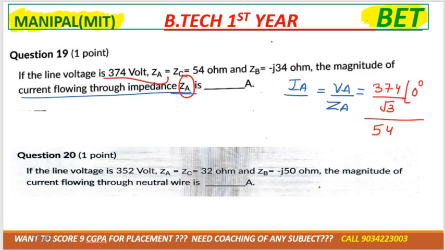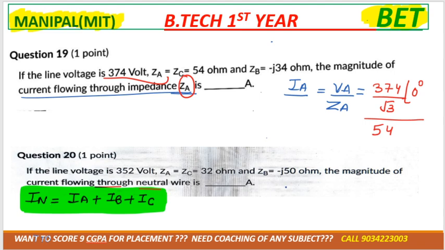Similarly, they are asking for the magnitude of the current flowing through the neutral wire. For that, the formula for the neutral wire is IN equals IA plus IB plus IC, right? We have already calculated IA, IB, IC. IA is VA by ZA, so VA is 352 by root 3 angle 0 degree divided by ZA, 32.